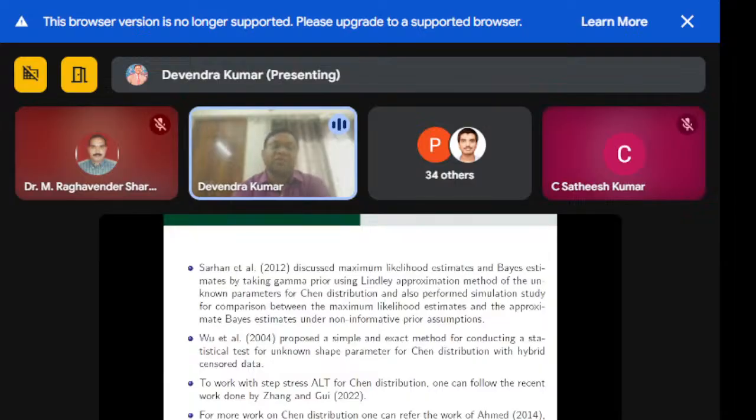Wu et al. 2004 proposed a simple and exact method for conducting a statistical test for the unknown shape parameter of the Chen distribution with hybrid censoring. To work with step stress ALT of the Chen distribution, one can follow the recent work by Jiang and Zhu in 2022. And for more work on the Chen distribution, one can refer to Ahmad 2014, Jang and Chung 2018, New et al. 2023, Singh et al. 2023, and Kyle et al. 2020.